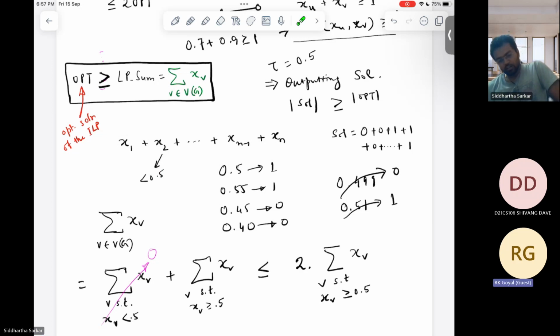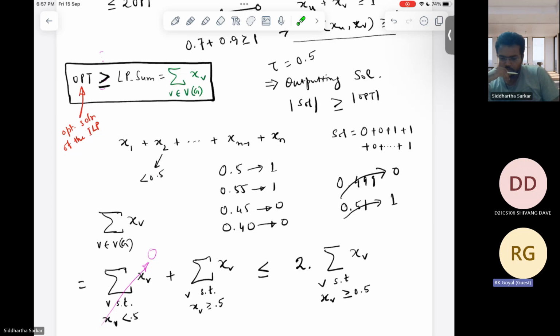Yes, true. And in this inequality, I failed to observe that you have only considered those vertices on the right hand side whose value is greater than or equal to 0.5. I made this argument by assuming that on the right hand side of the inequality we are considering all the vertices of the given graph with all the values.